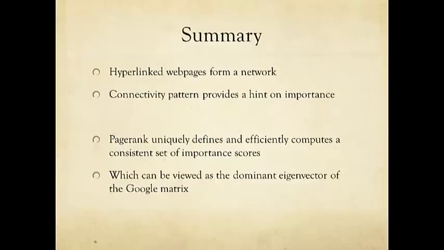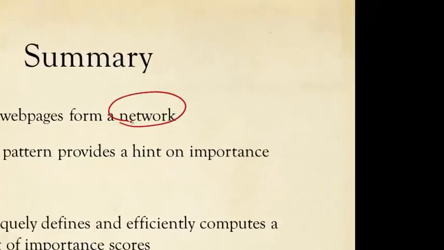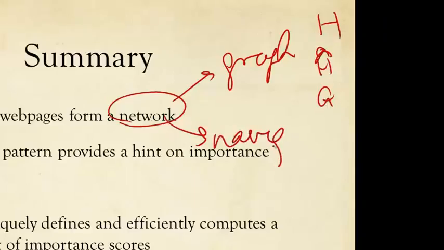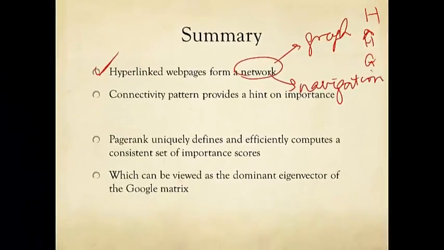Let's quickly summarize what we have seen so far in this lecture. The key concept is that we can view the collection of hyperlinked web pages as a network. There's a graph that we represent by matrices such as H, H hat, and G. There is also a functionality of navigation that we implicitly model through the way we construct these matrices.